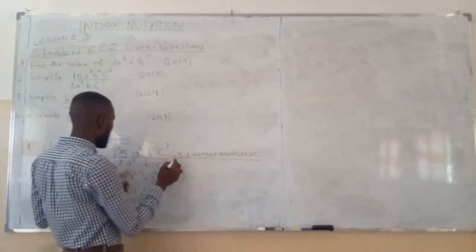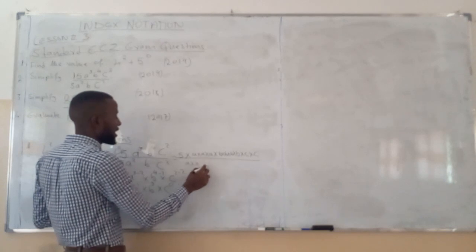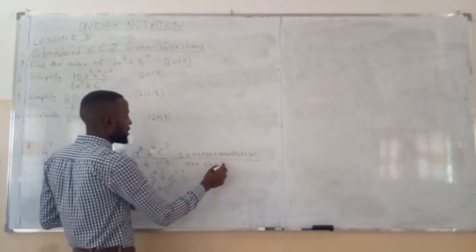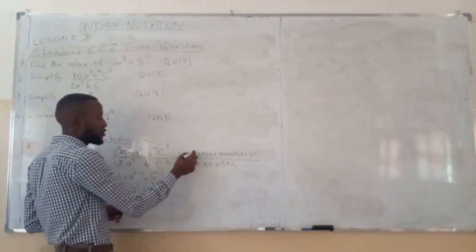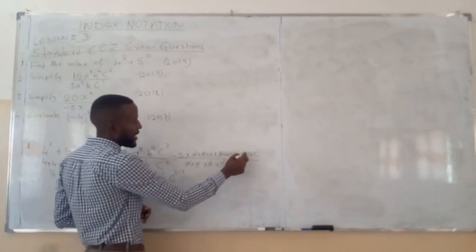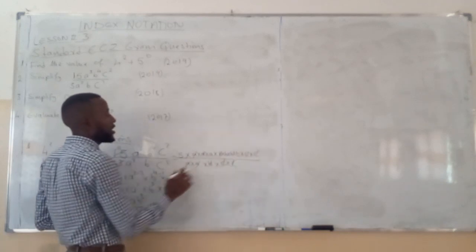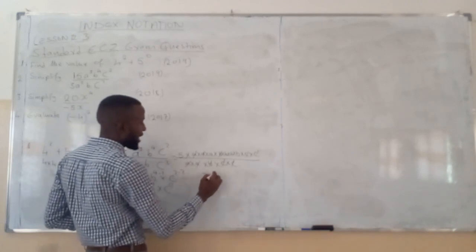Then you also expand the bottom one, which is a times a times b times c times c. Now you can divide by simply cancelling. A goes 1 and a goes 1, b goes 1, and the c's cancel. As you can see, we have cancelled all the c's. We are just remaining with 5.